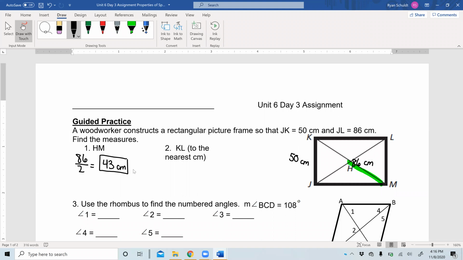Okay, so there's our first one. Number 2.